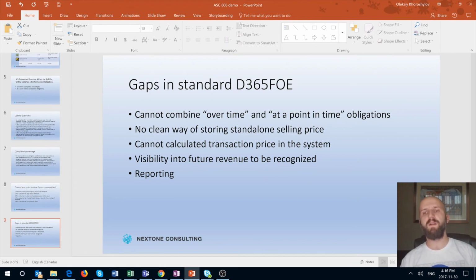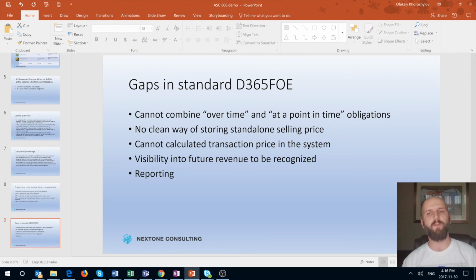Third gap is that we cannot calculate transaction price in the system. We cannot store calculated transaction price. We can store it under on account transaction, but we cannot calculate it in the system. And the last 2 points are dealing with the visibility of future revenue to be recognized. We don't have a table for that, and there is some lack in reporting.